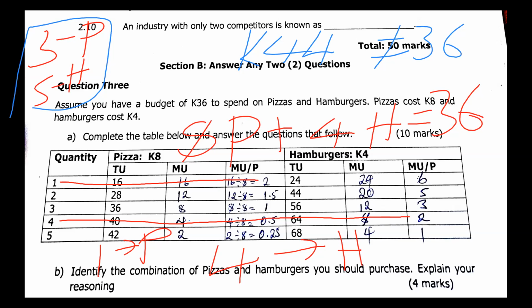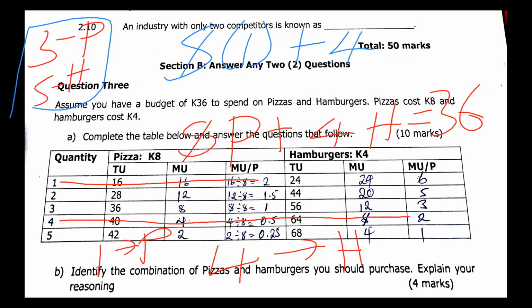Then we get the second bundle. The second bundle, the second combination, 1 pizza. So 8 times 1, right? Plus 4 times 4 equal to 36. This is 8, this is 16. 8 plus 16 is 24, which is not equal to 36.